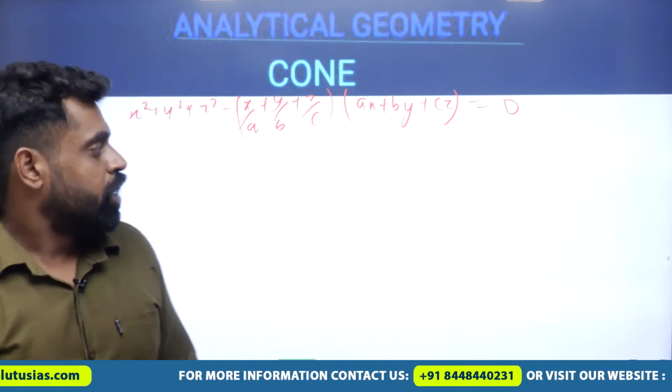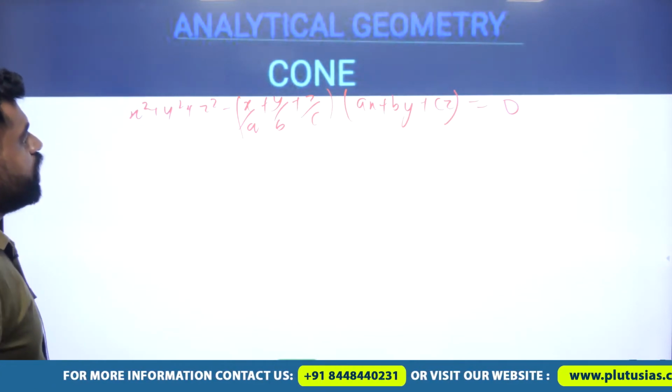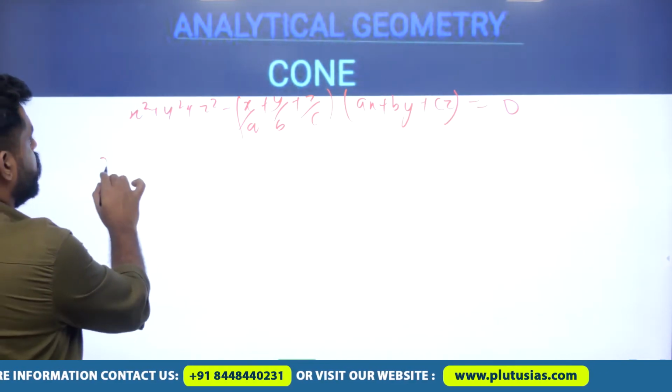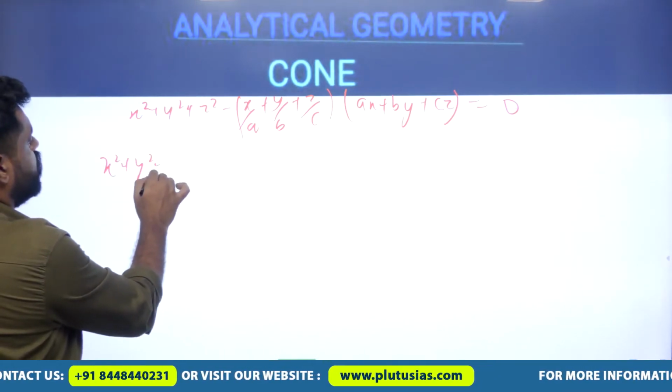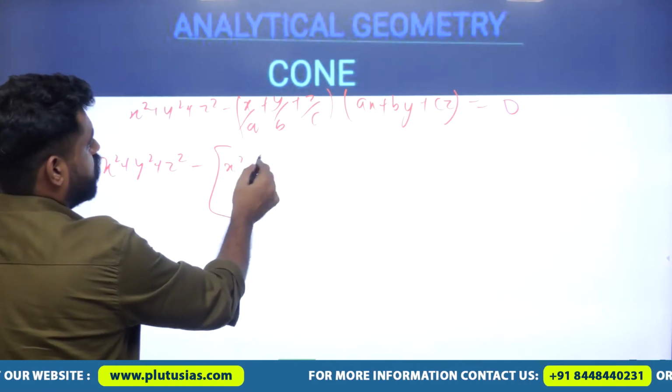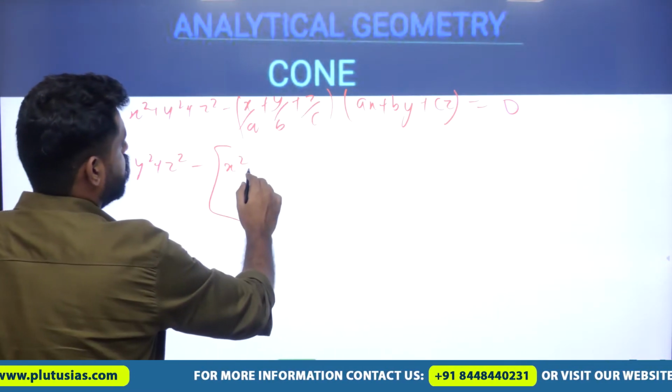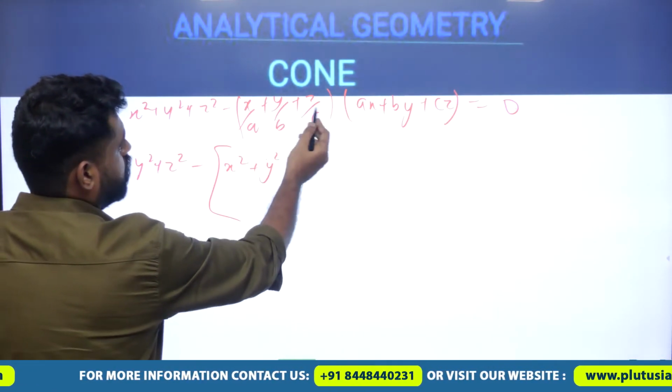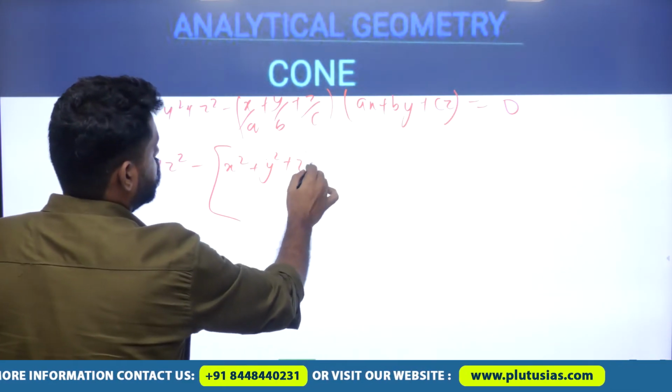So if I now proceed to solve this, we get x square plus y square plus z square minus of, multiplied by this is x square, this multiplied by this is y square, this multiplied by this is z square.